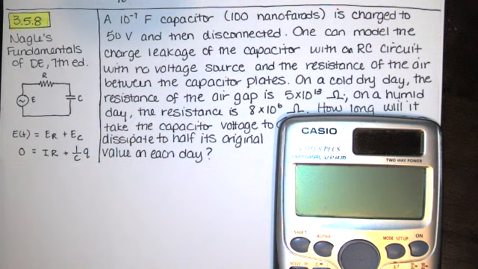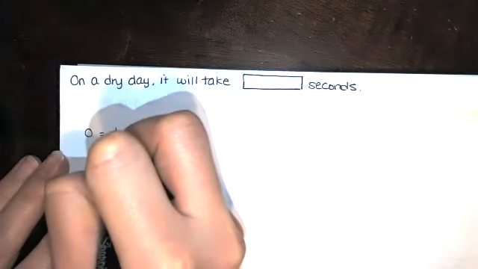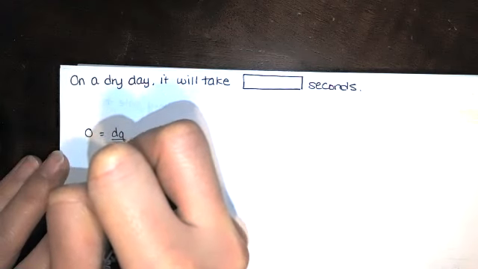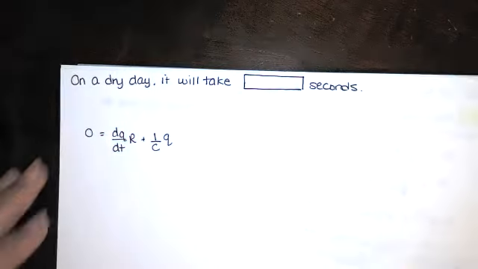Now, another thing that we have to remember is that current is change in charge per unit time. So this I can be replaced by dq dt. So we have 0 equals dq dt times R plus 1 over C times q.